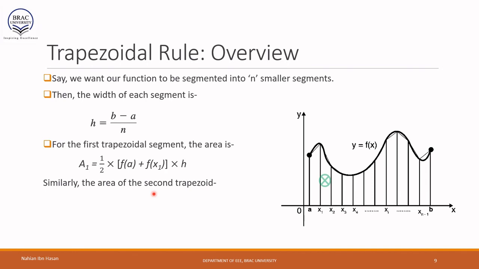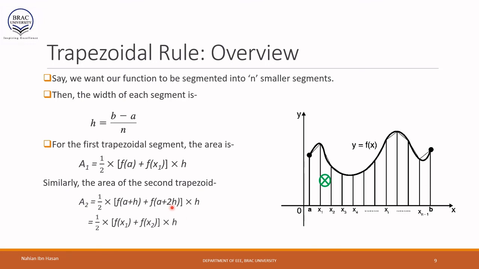Similarly, we can calculate the area of the second trapezoid: half times the width of the segment, that is h. Since all of these segments are of similar width, we have a common factor h, and we have to sum the function values at these two boundaries. x1 can be denoted as a plus h, so we have the function value f of a plus h, and x2 can be denoted as a plus 2h, so the function value is f of a plus 2h.